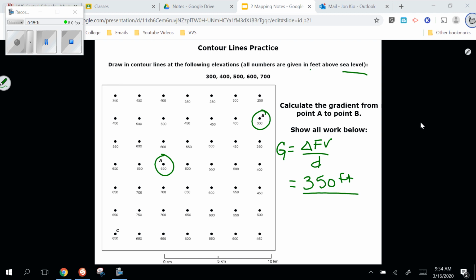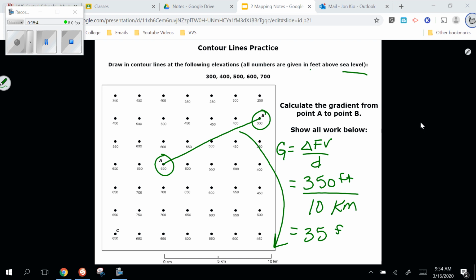And then we take a piece of paper and we measure the distance from here to here using our scale down here. Okay? If I do that, it looks like it's about 10 kilometers. I would actually take a piece of paper and measure it, but it looks like about 10, so I'm going to go with 10. Then I divide 350 by 10.